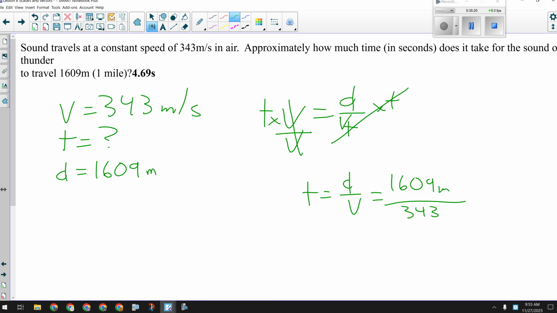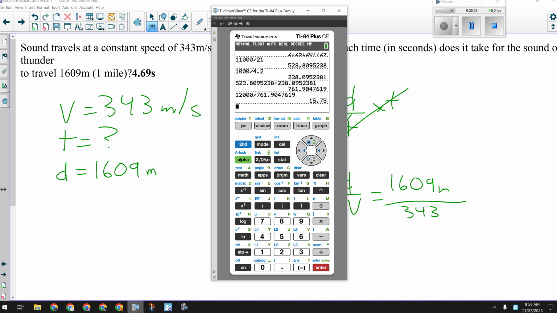Okay. All right. So if we do this, then we will have 1,609, okay, divided by 343. Okay, so 4.69 seconds.